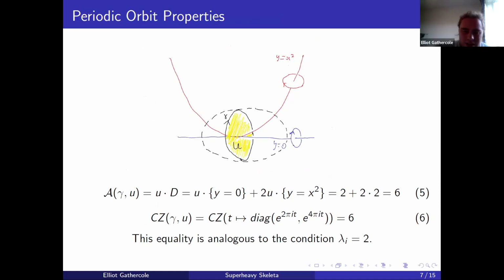So if we consider one of the orbits of this circle action in this neighborhood of the origin in C2, and we consider a small disk that has as a boundary a 1-periodic orbit of that action, then we can find the action of this arrangement with an orbit and a cap, which is given essentially by the intersection number of that small disk with the divisor D, which in this case is 6, because we have intersection number of 1 with each component, and one of the components has weight 1 and one of the components has weight 2.